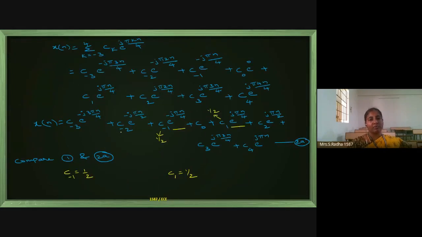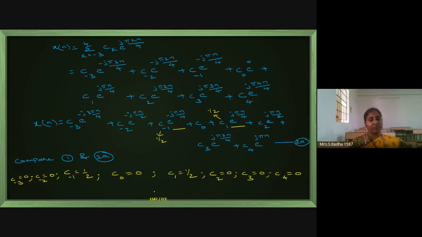So all the other factors present in equation 2a have coefficient values 0, which means c minus 3 value 0, c minus 2 value 0, and hence those terms are not present in equation 1. After c minus 1, c0 will come, that is also 0. c plus 1 we identified. All other coefficients, the values are 0.